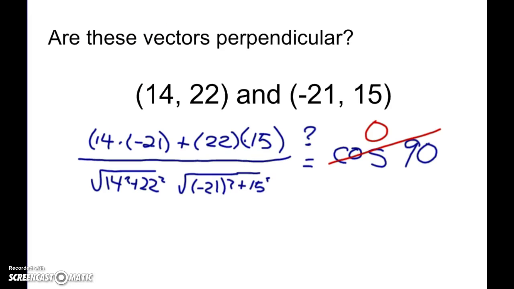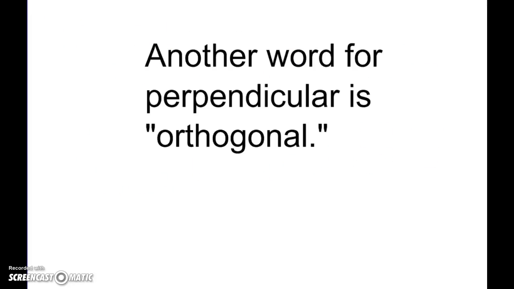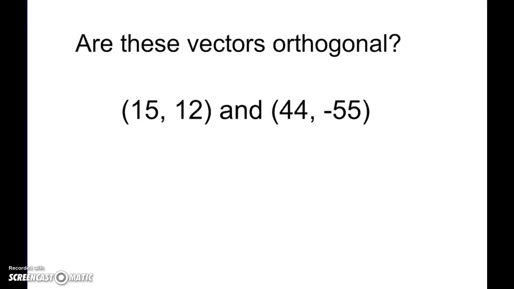Well, I got 14 times negative 21 plus 22 times 15. They feel like they're going to be close. Times negative 21 plus 22 times 15. Nah, it didn't quite work. I'm off by a little bit. So no, they were not perpendicular.